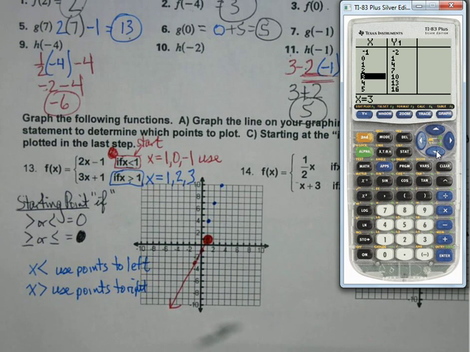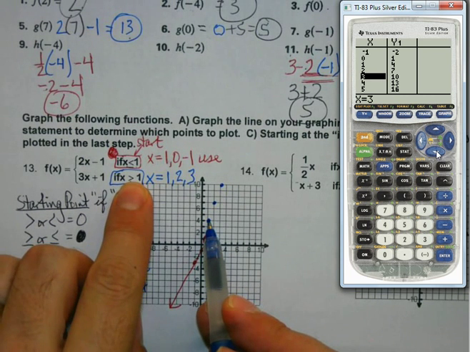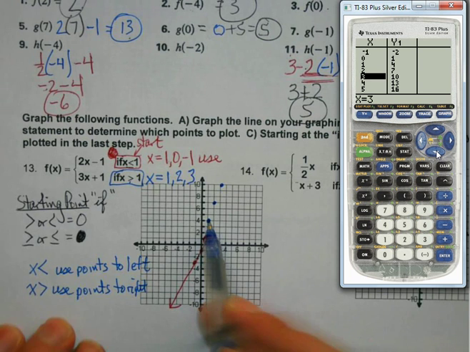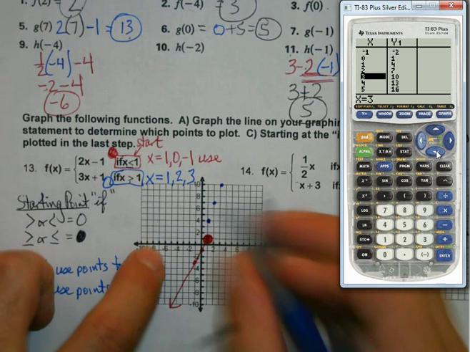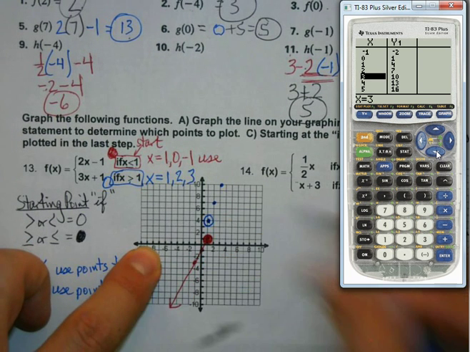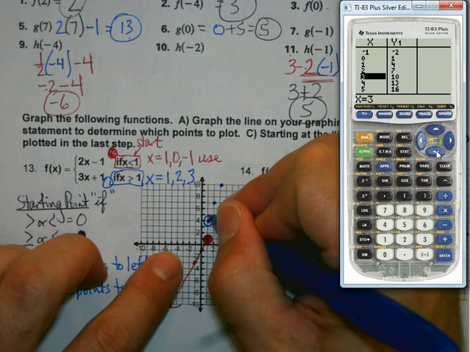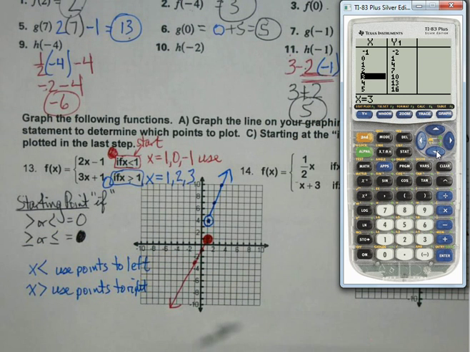I'm feeling good. Is my dot at 1 where I start going to be open or closed? Open, because it's just greater than. So we're going to make a nice big open circle there and connect the other two dots. And we have a graphed piecewise function. Weird, huh?